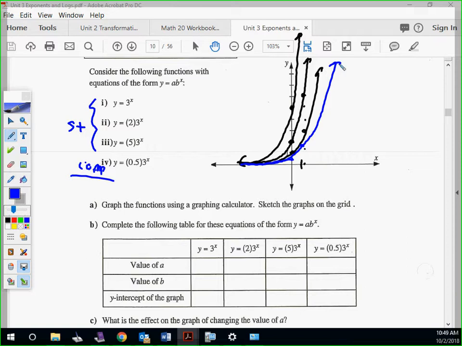Complete the following table for these equations in the form y equals a times b to the x. So the value of a for y equals 3 to the x was just 1. The value of a was 2, 5, and 0.5. The value of b for all of them was 3.